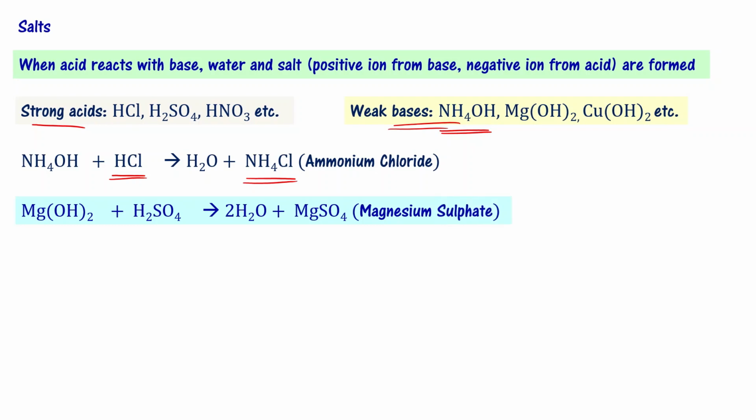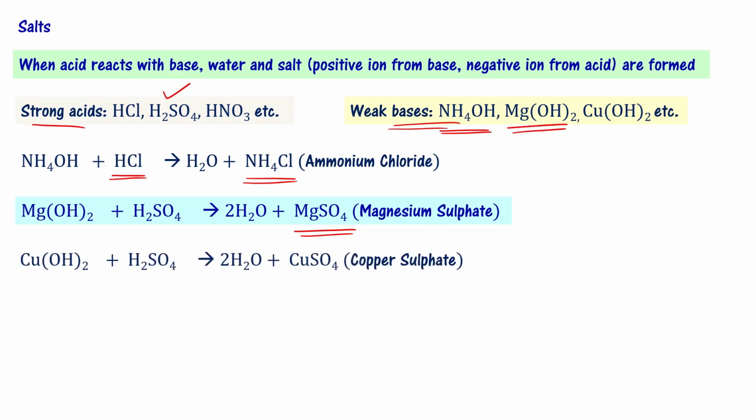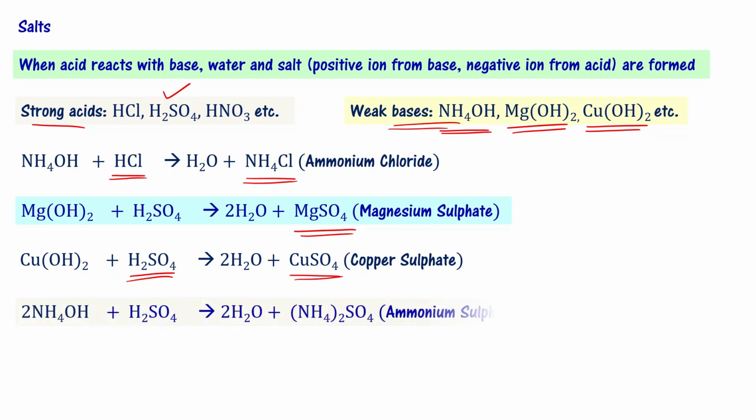When magnesium hydroxide, a weak base, reacts with sulfuric acid, which is a strong acid, you get magnesium sulfate as the salt. Okay? Copper hydroxide, a weak base, when it reacts with H2SO4, a strong acid, you get copper sulfate as the salt.